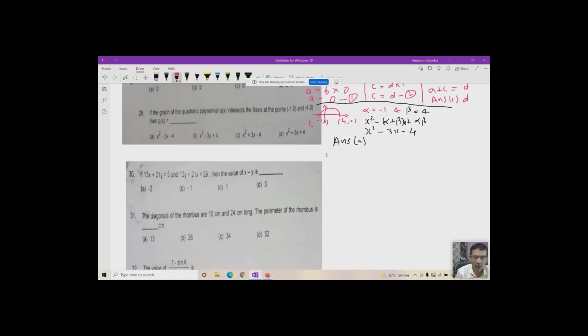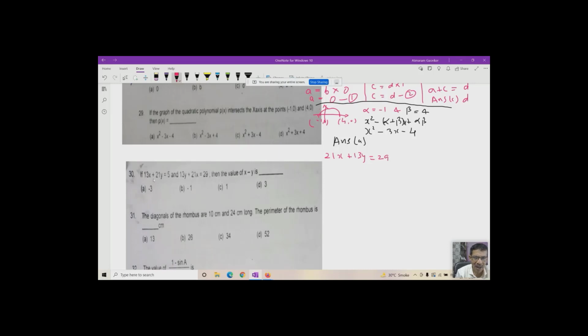I will write second equation first: 21x plus 13y. I will rearrange the terms, x term first and y term second, and this is equal to 29.